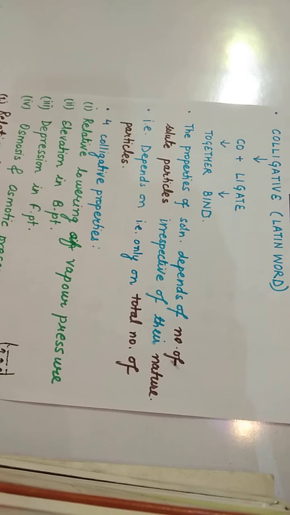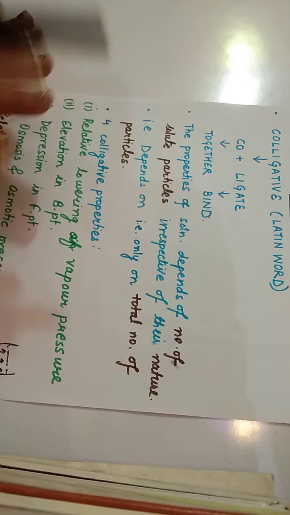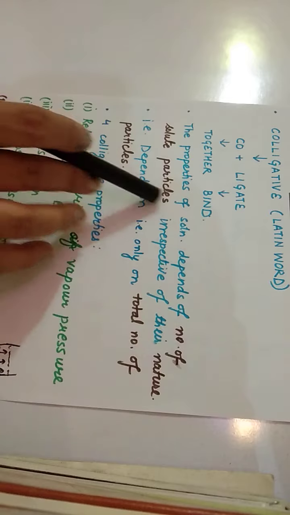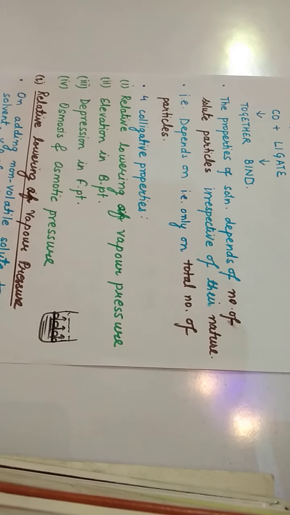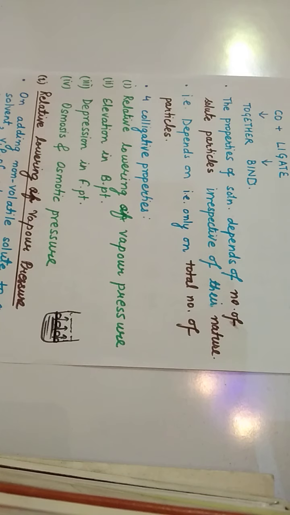It is independent of the nature of the solute. solute के नेचर के ऊपर डिपेंड नहीं करता. कोलिगेटिव प्रॉपर्टी जो होती है वो सिर्फ नंबर ऑफ सोल्यूट पार्टिकल्स के ऊपर डिपेंड करती है कि कितने पार्टिकल्स किसी भी सोल्यूशन में हैं.